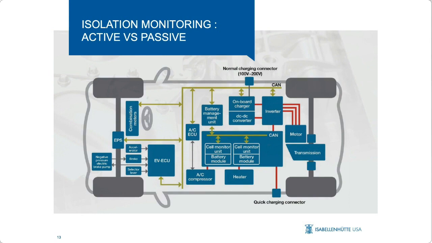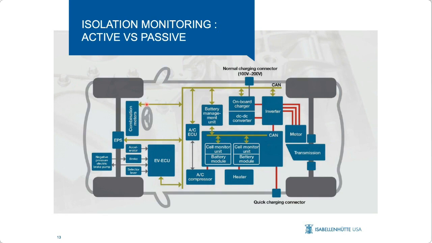Isolation monitoring systems in electric vehicles are used to monitor the isolation between the electric vehicle high side, meaning the high voltage battery, and the inverter, the motor, the drivetrain of the electric vehicle, as well as some auxiliary components like the heater and the AC unit, which are shown in red in this block diagram, and the 12-volt side of the electric vehicle, which is shown in green and includes the communication line like the CAN bus, for instance, and other control units, as well as the 12-volt battery.